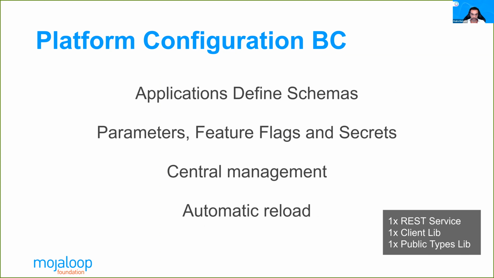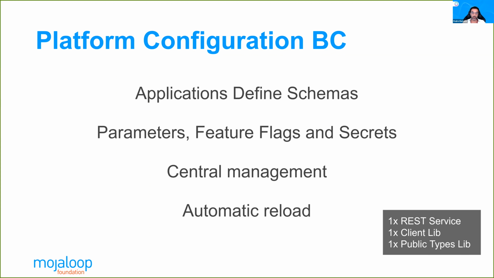We have the platform configuration bounded context, and essentially this is a mechanism that allows any application of the platform to define its own schemas, and a schema can have parameters, feature flags, and secrets, and bootstrap those schemas to that central component, the platform configuration services, essentially telling the central system, I am an application, I need some parameters, some feature flags, and some secrets to function. Now, those will be versioned, and those will be changeable.